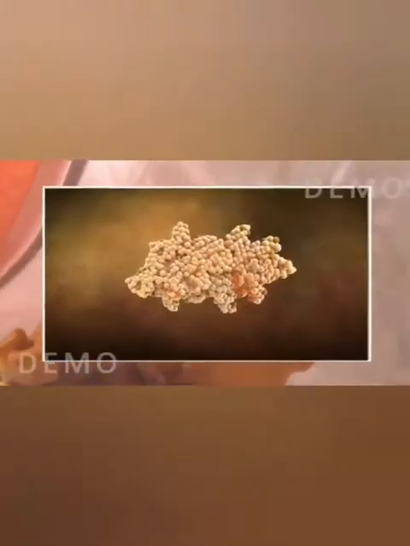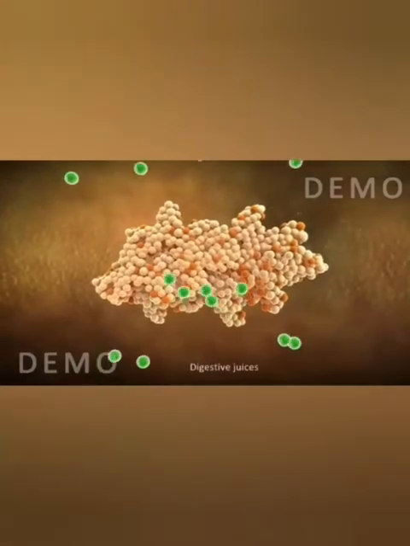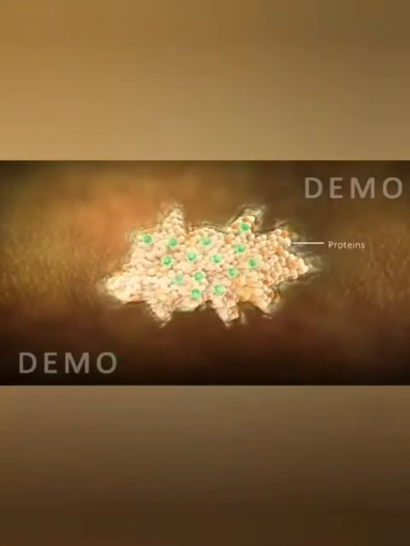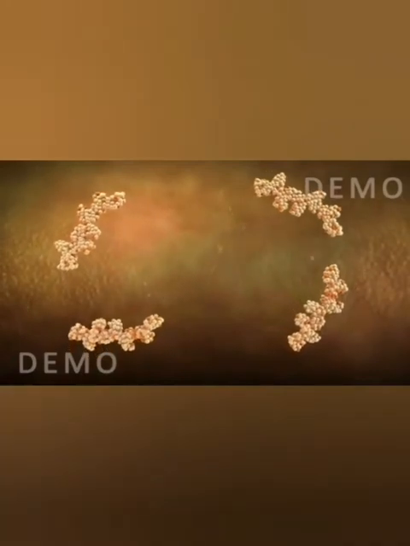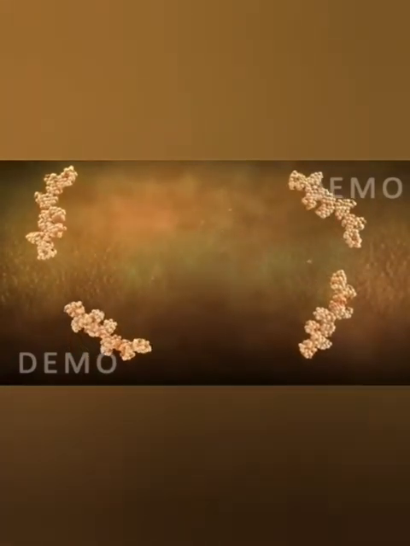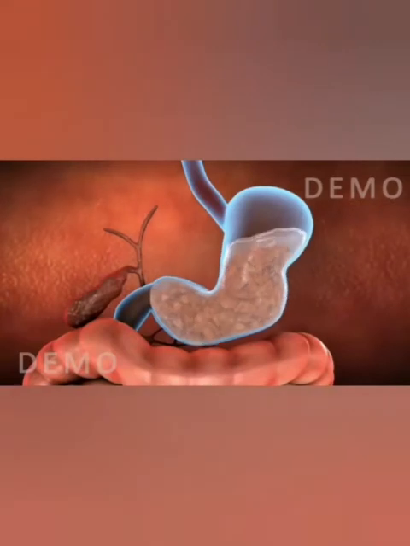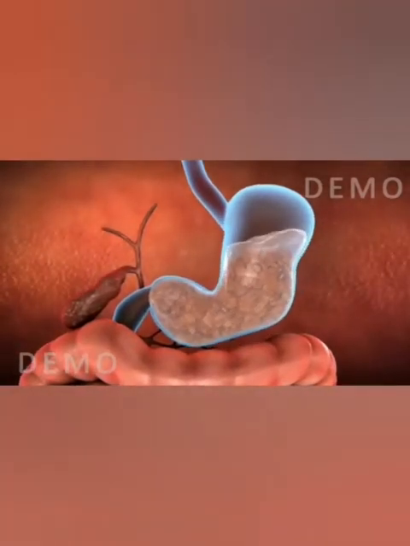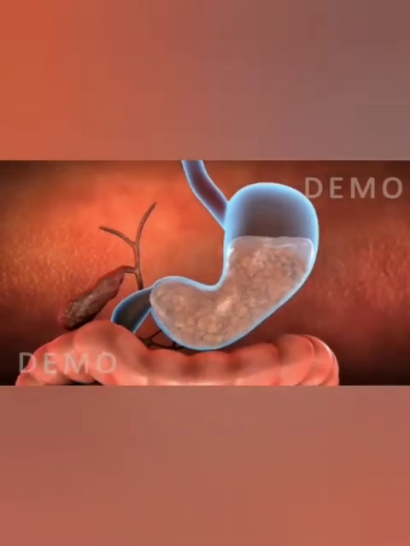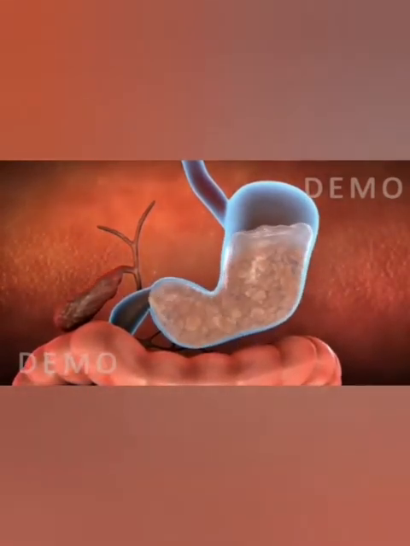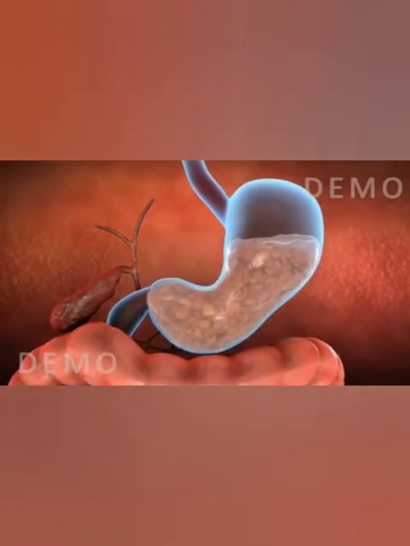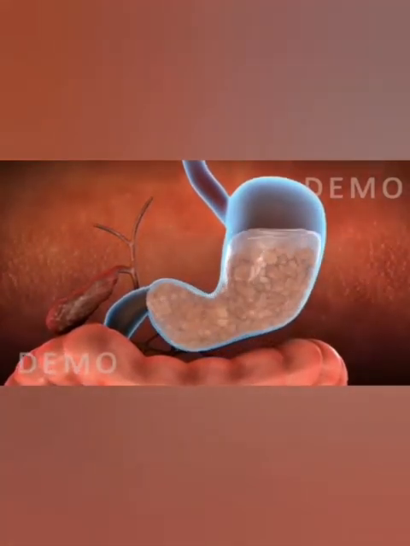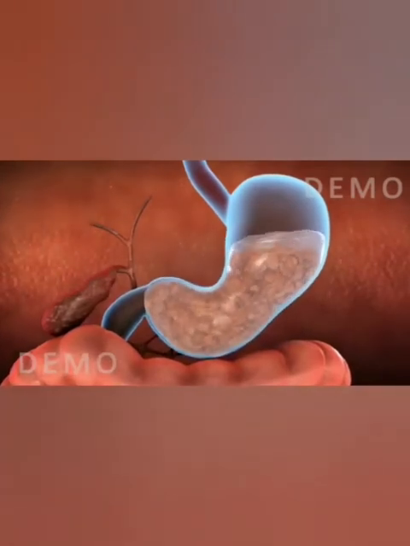And the stomach, which secretes the digestive juices, breaks down the proteins present in the food into simpler forms. Now muscular contraction in the stomach churns the food mass, further breaking it down and mixing it with the secretions in the stomach, and it forms a thick liquid which is called the chyme.